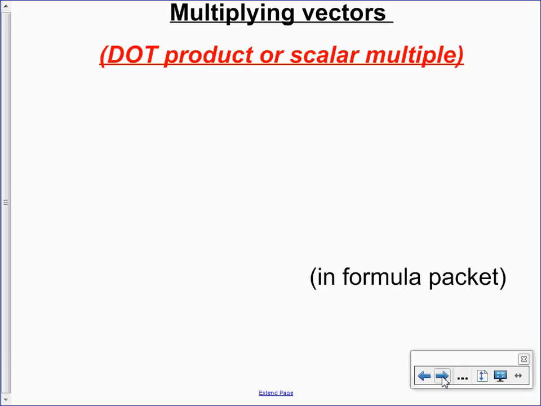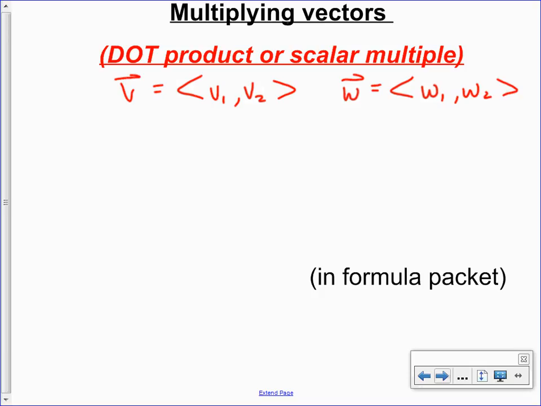All right. The dot product or the scalar product. We kind of had a preview of this. So let's say vector B has components B1 and B2, right? And vector W has components W1 and W2, right?